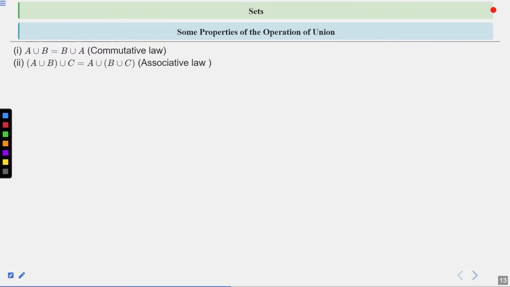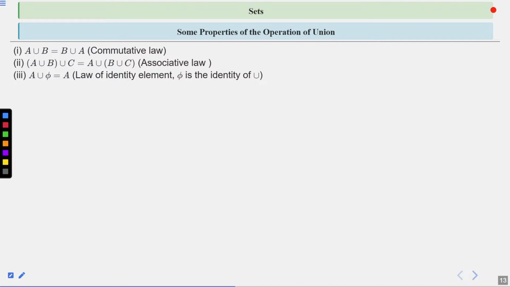Now the second is the associative law. If you have three sets and you perform union on the first two sets, A union B, and then union C, this end result will be the same as finding the union of B and C and then union with A. Clear?